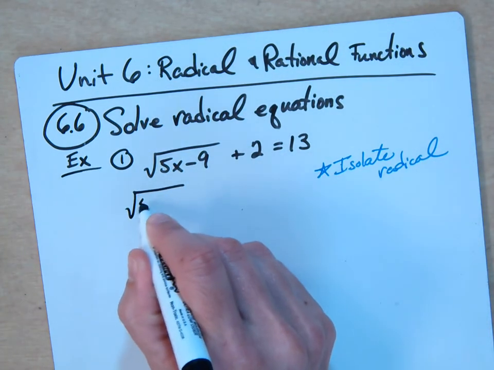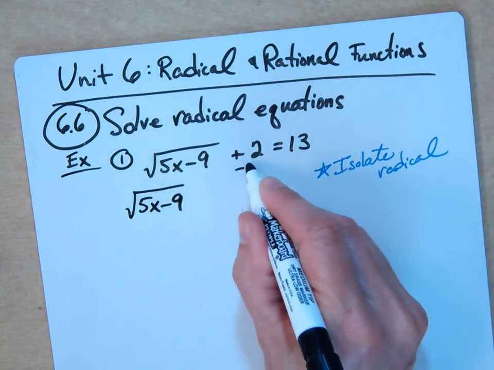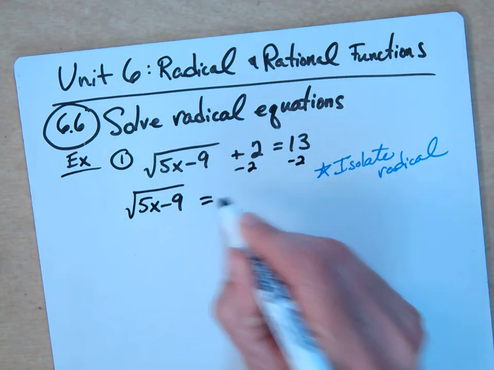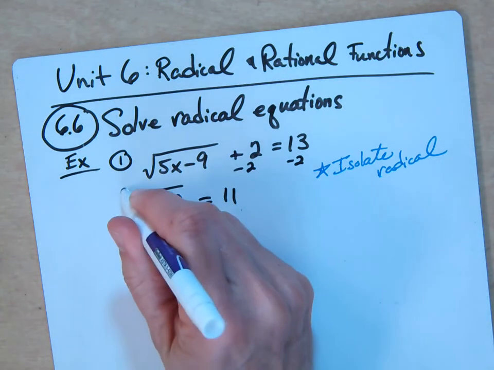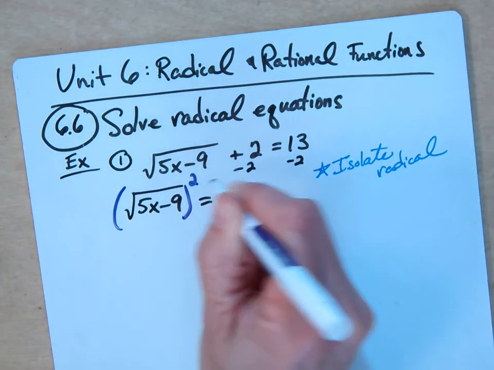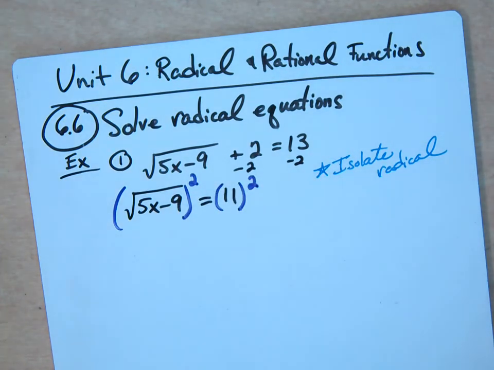To both sides? Yes. Undo the plus 2 by subtracting 2 from each side, and so you get root 5x minus 9 equals 11. And now it will be nicer if we just square both sides, because we're undoing the radical.